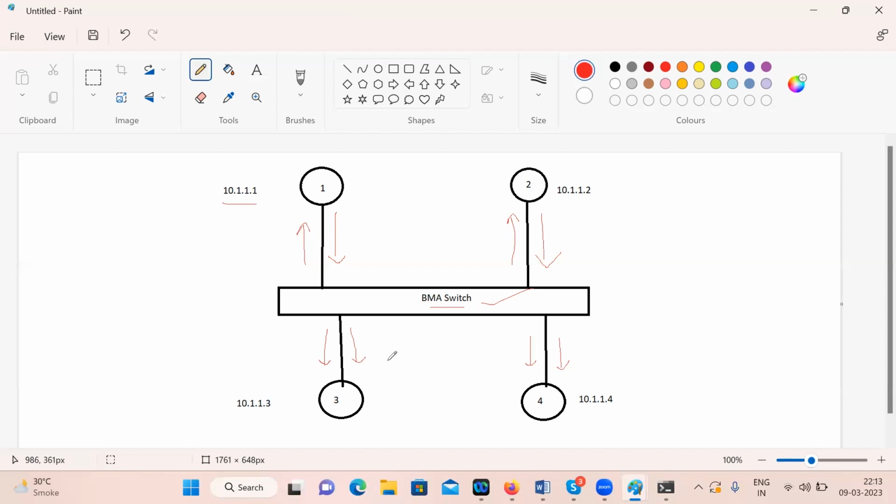Then the same process with router 3. You can assume how many different packets are getting generated between only 4 routers. If you have 50 routers in this topology, you can understand how much traffic load will come on your network.